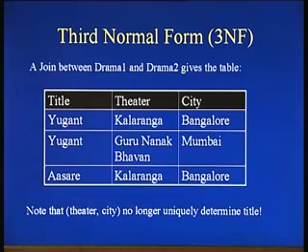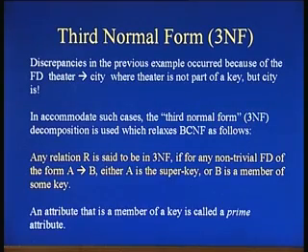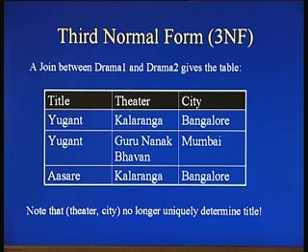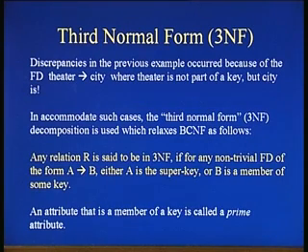So theatre and city does not uniquely determine the title of the drama. Such discrepancies occur because of a particular property, which is what we are going to see in this slide here.